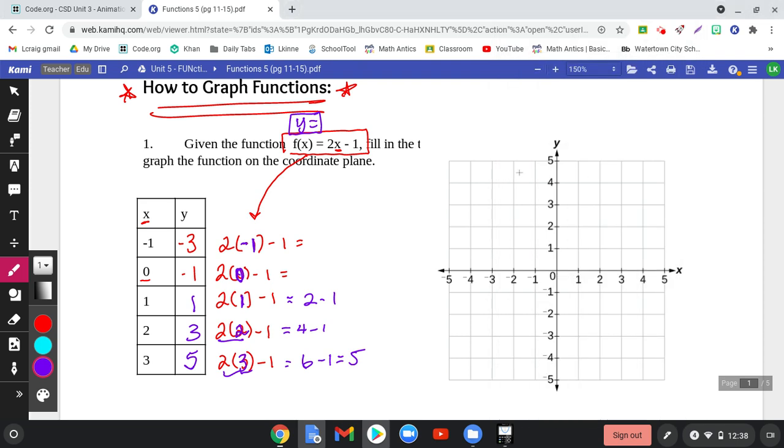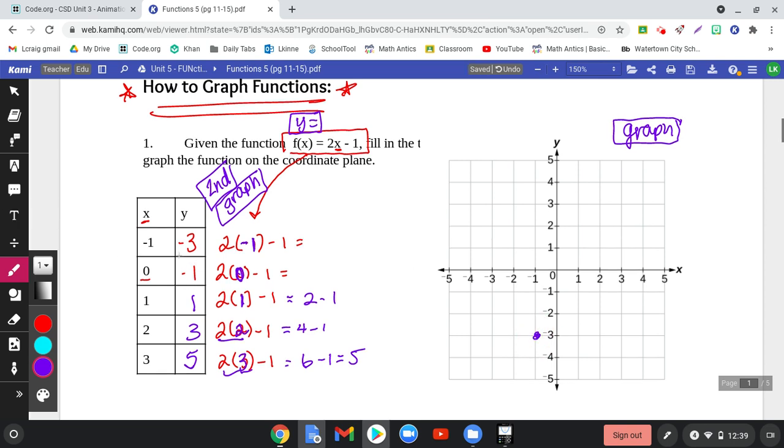Okay, so again, you go to y equals, and then you hit second graph to get to your table and to get to the actual graph so you can see what it's going to look like. Hit graph. So the first point, -1, -3, back 1, down 3. 0, -1, remember that's in the y position, so it should be on the y-axis.